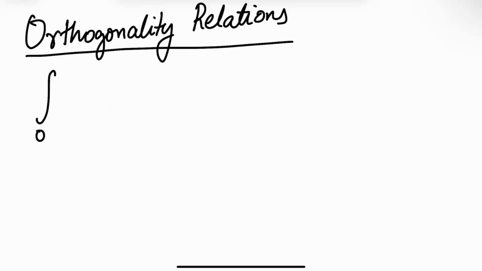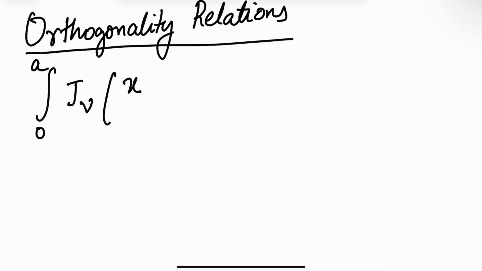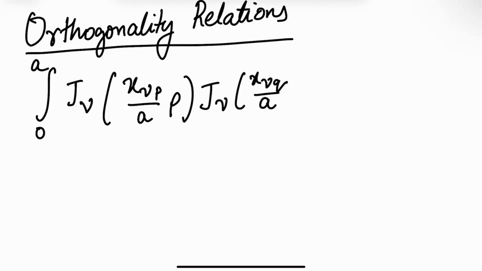Similarly here you have the integral from 0 to a, where a is the radius of, let's say, the waveguide. It doesn't have to be a waveguide, it can be any radius actually, that this is true. The integral of J_ν(x_νp ρ/a) J_ν(x_νq ρ/a) ρ dρ equals 0. We'll see what x_νp and x_νq are.